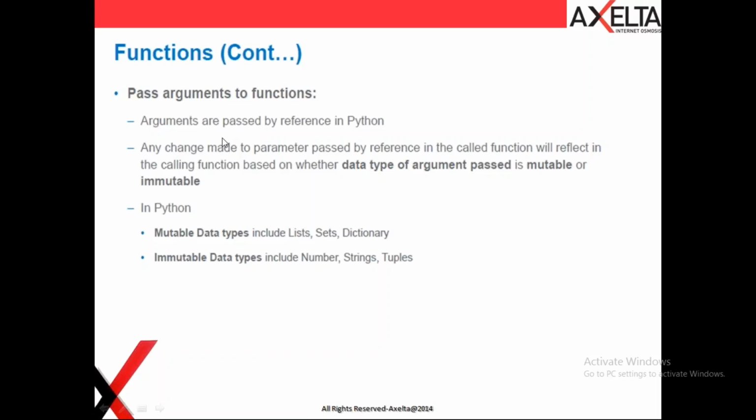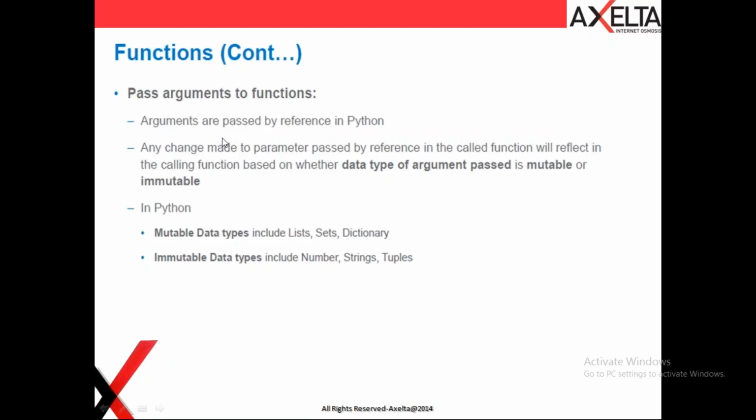Whenever you are calling a function and passing any values to the function, it uses only call by reference. There is no concept of call by value. Understood? If you know call by reference, then you could have understood very easily.